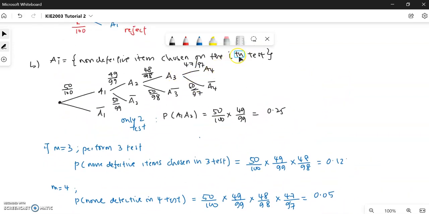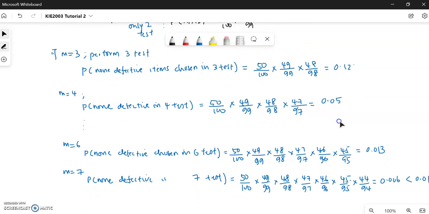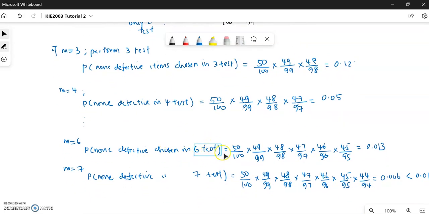You have the fourth test and the fifth test, and all of those branches refer to non-defective items chosen on their respective tests. I didn't draw until 6, but you can do that. When you have 6 tests, you include all these values and you find it to be 0.013. So 0.013 is actually still bigger than 0.01.